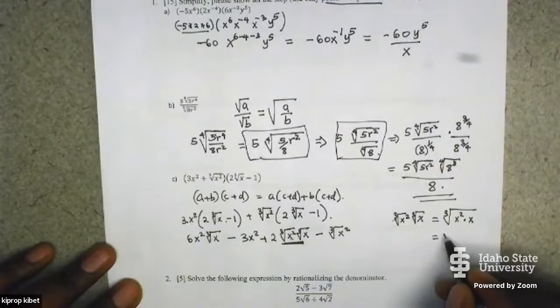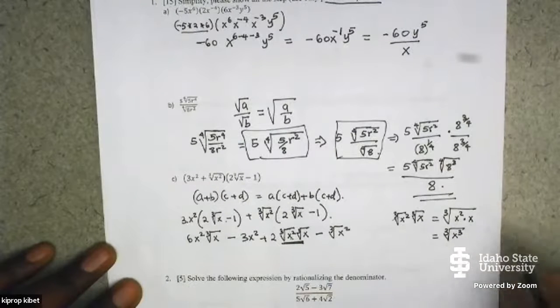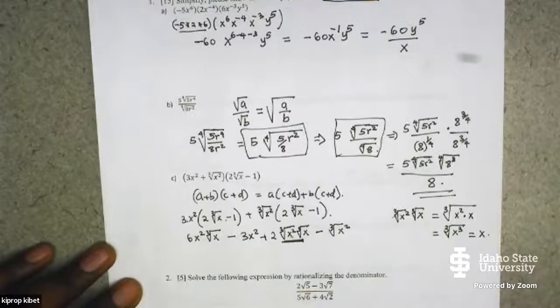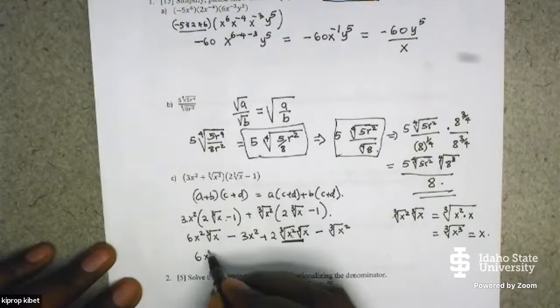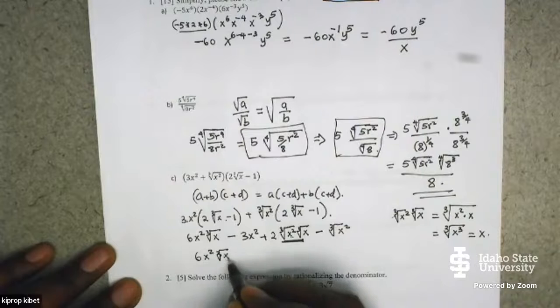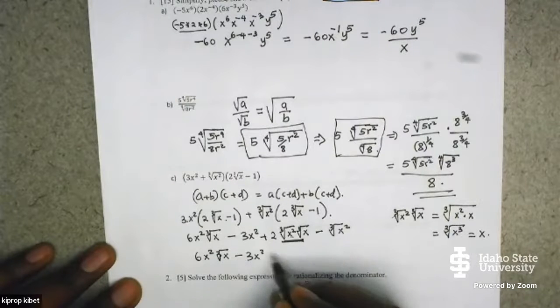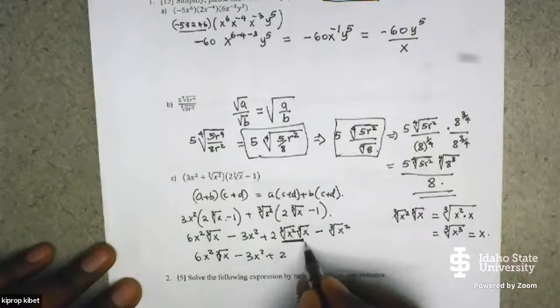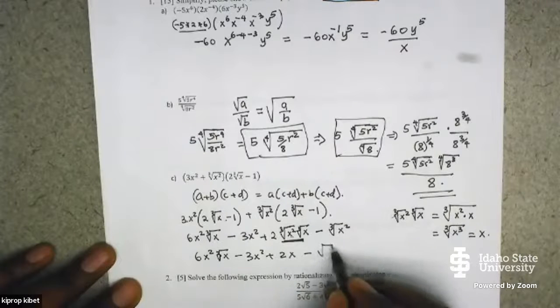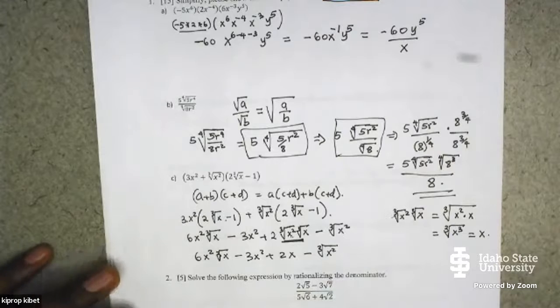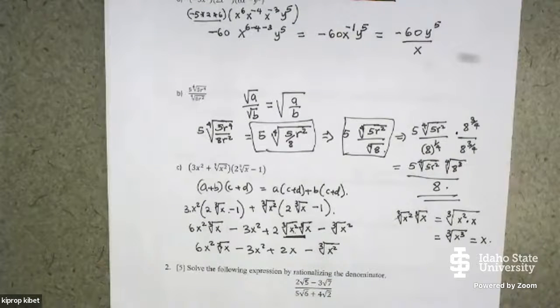And this is the same as the cube root of x cubed. The cube root of x cubed is what? X. So basically this is 6x squared, the cube root of x, minus 3x squared, plus now 2, and this is x, then minus the cube root of. So it was like that.